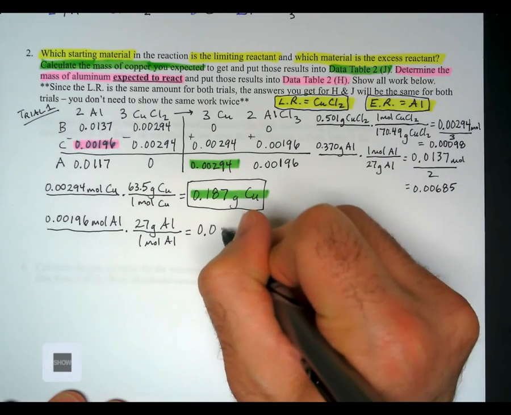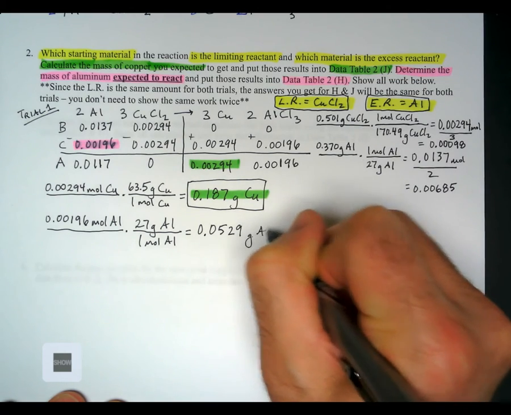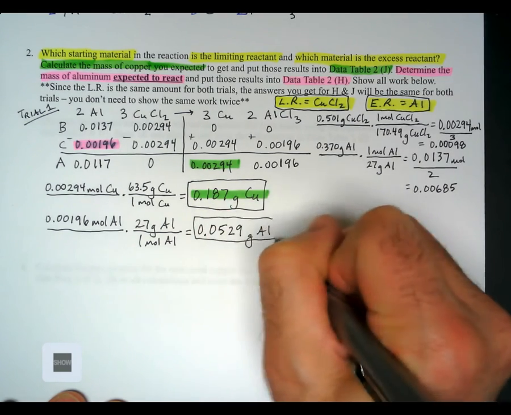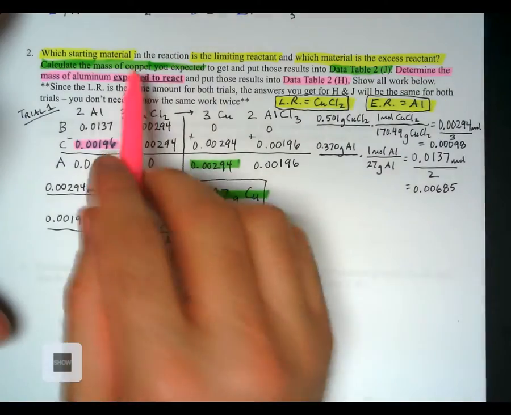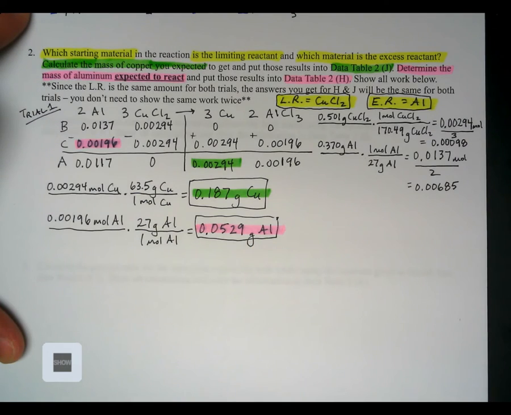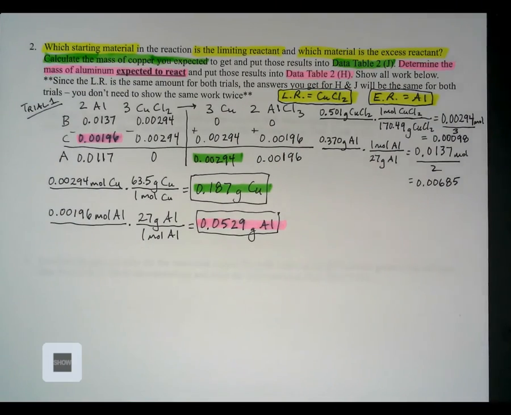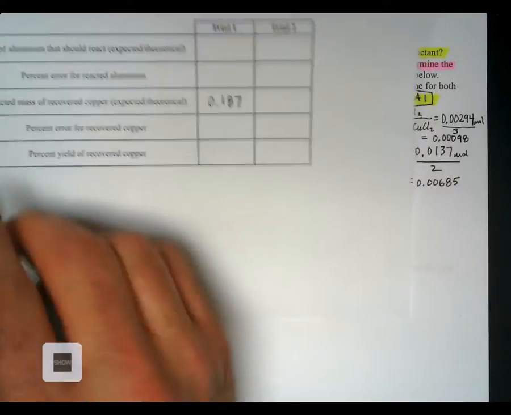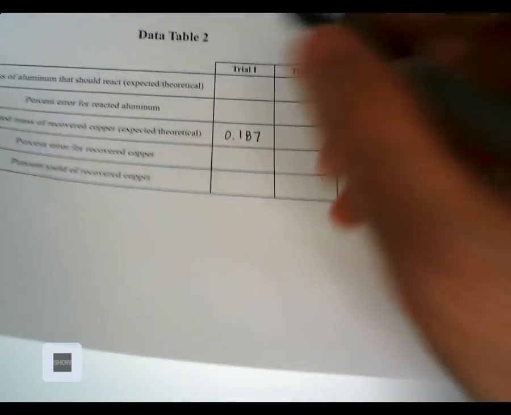Mine is 529 grams of aluminum. So this is the grams of aluminum that we expect to react during the reaction. That answers that part. So we're going to put that in data table 2 in spot H. So data table 2 in row H, the mass of aluminum that should react, you put that number.